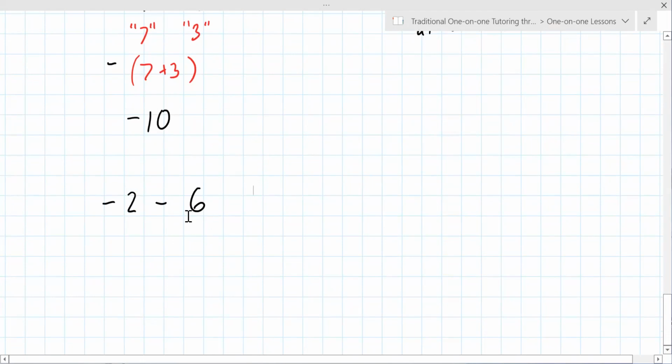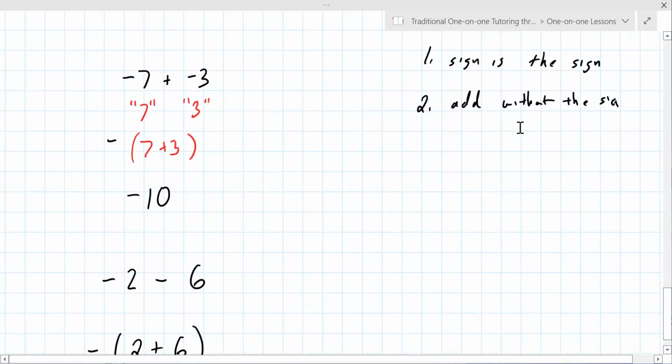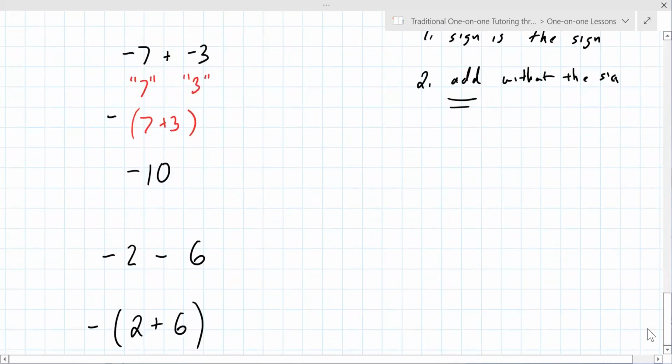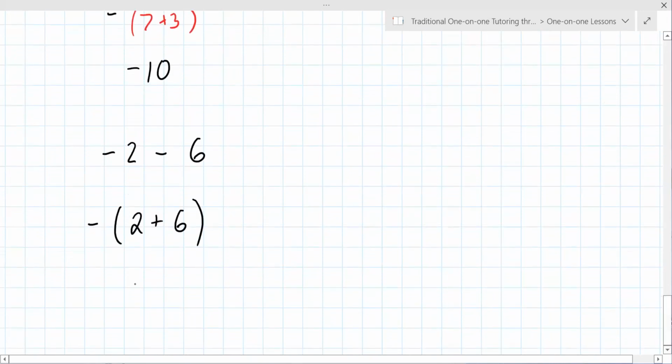If you don't see that, then it's hard to go forward. So the result is negative, and then you treat the numbers as if they're just positives now. 6 minus 2. No, you're adding. You're always adding when they're same signs. Like signs, you always add. And you got -8 there.